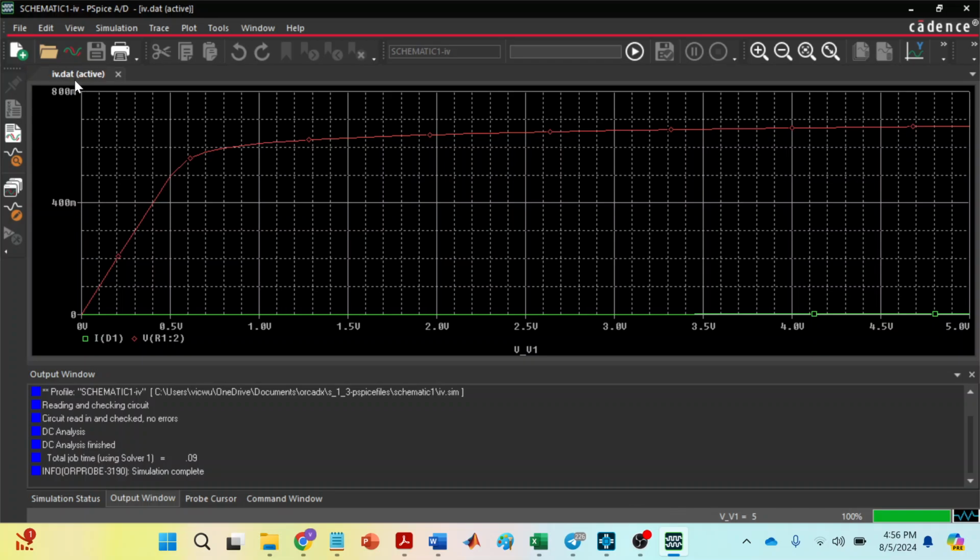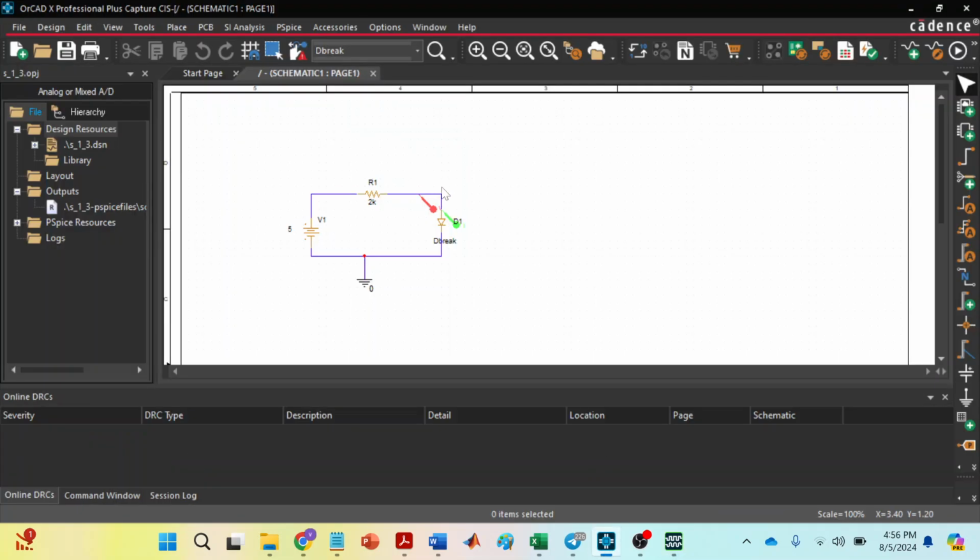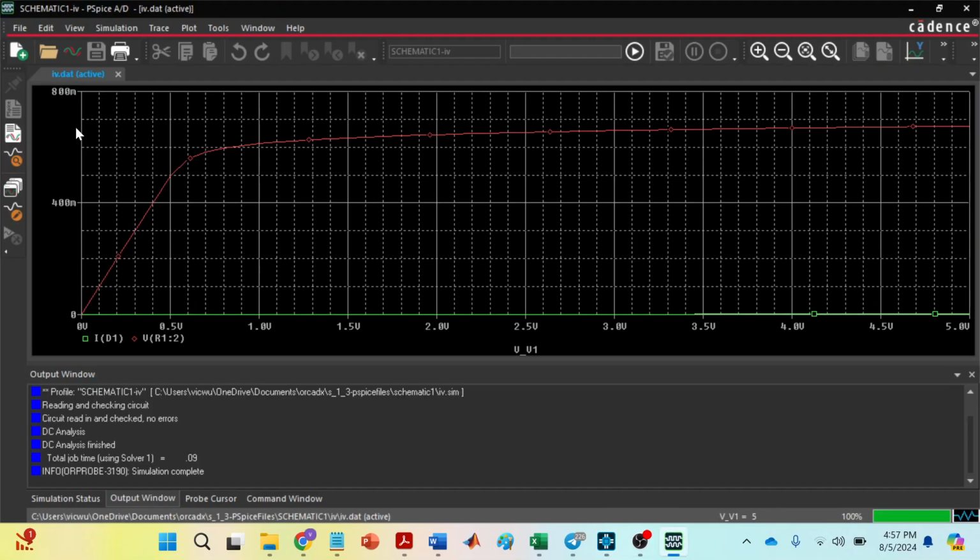This axis is the diode voltage, and this axis is the power supply voltage being switched from 0 to 5 volts. Sorry, initially I said that this axis is the current, but it's actually the diode voltage, the voltage across the diode. Like I said earlier, the maximum value of the diode voltage is about 0.68 volts.